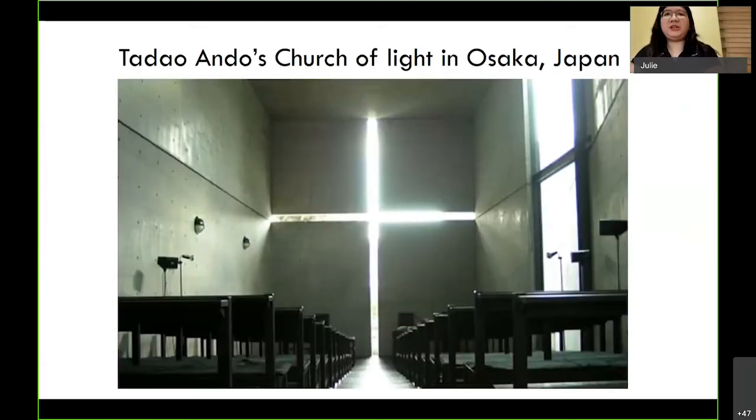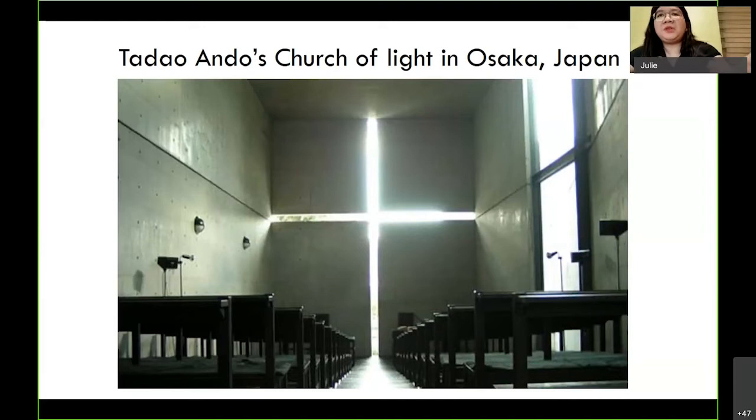This is one of the experiments of positive and negative space design, Tadao's Church in Osaka, Japan. Normally when we design a church, we have a cross in the middle of the church, right?